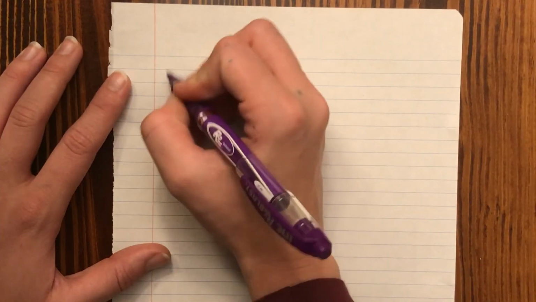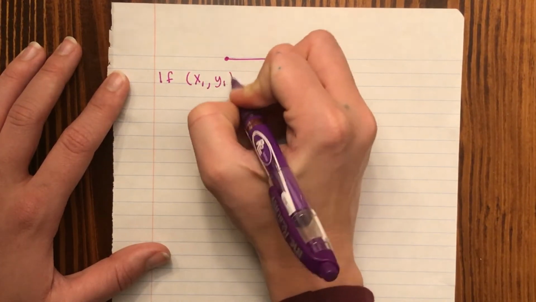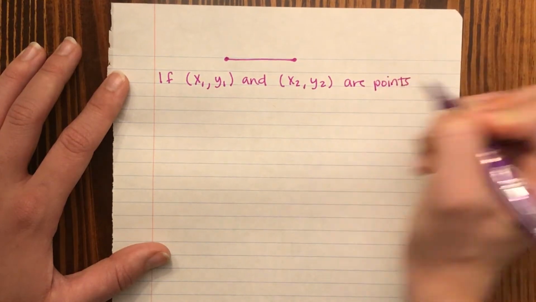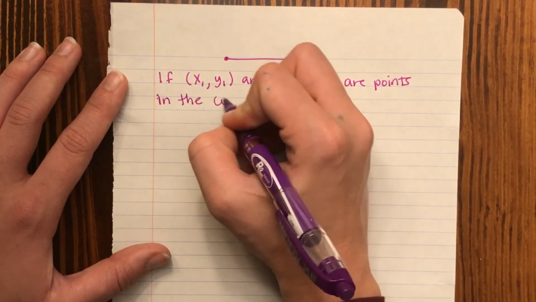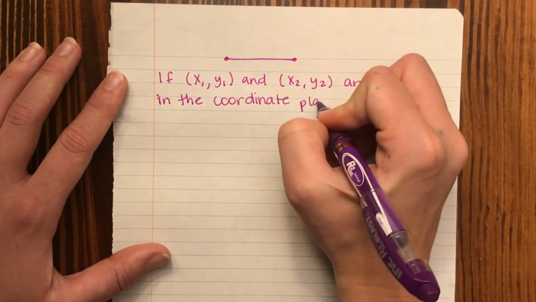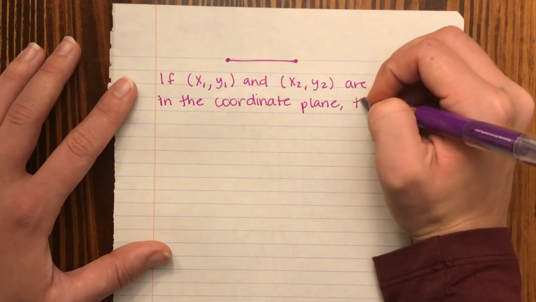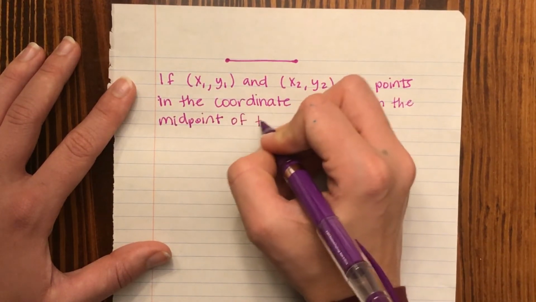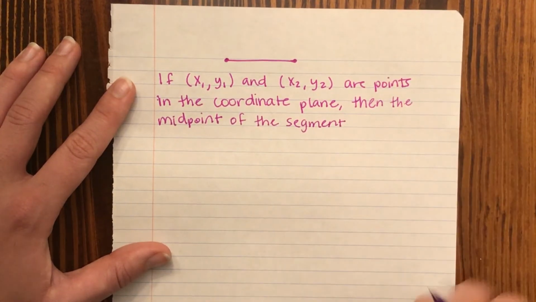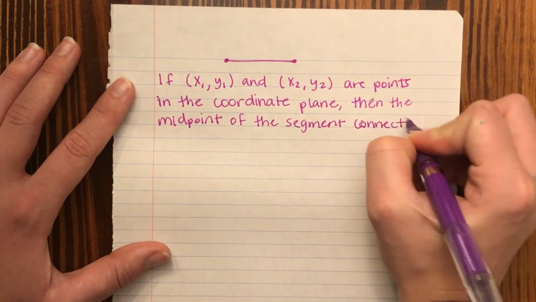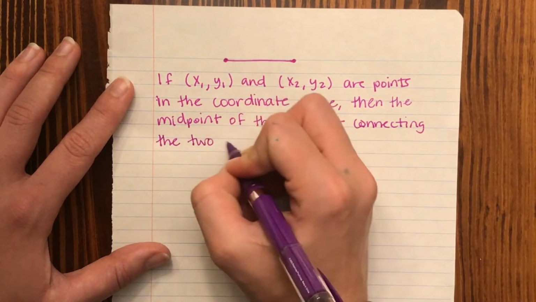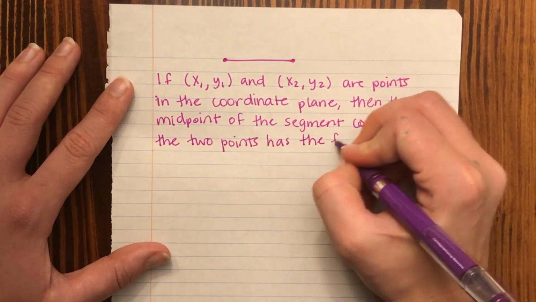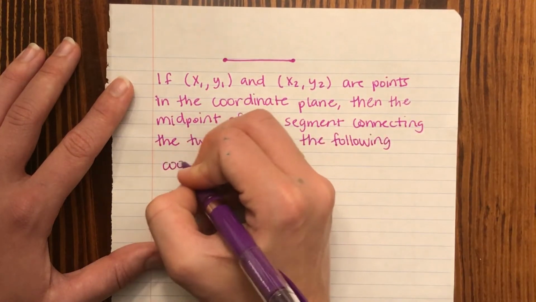So what I want to write is if (x sub 1, y sub 1) and (x sub 2, y sub 2) are points in the coordinate plane, then the midpoint of the segment connecting the 2 points has the following coordinates.